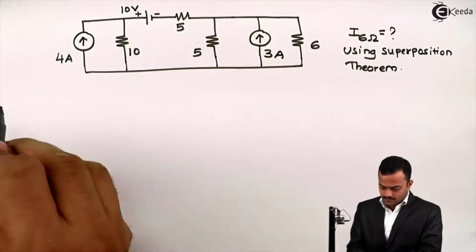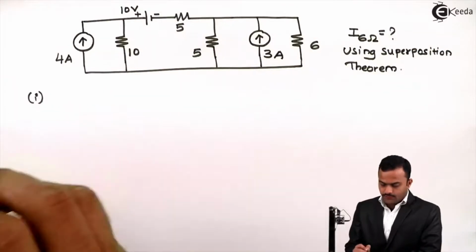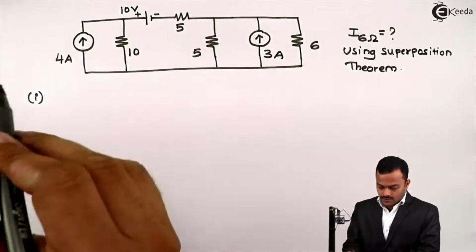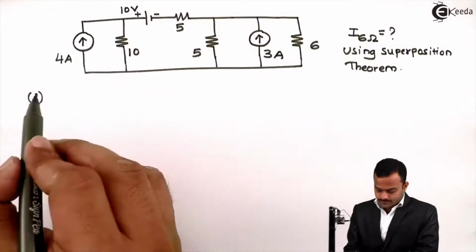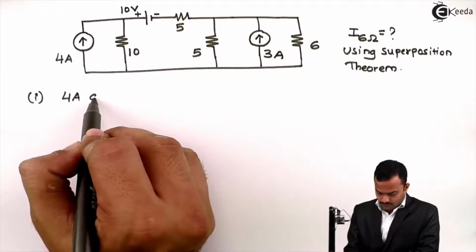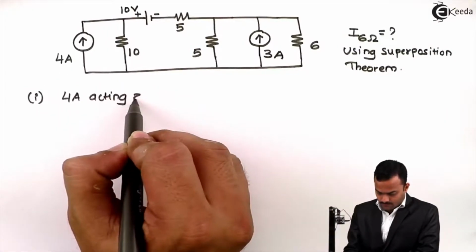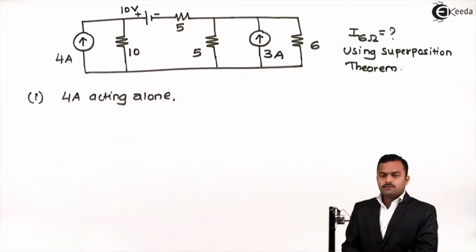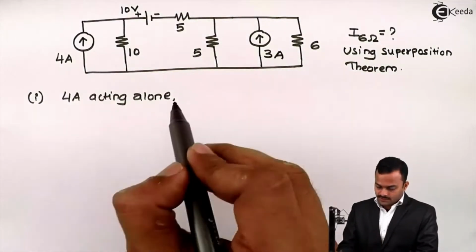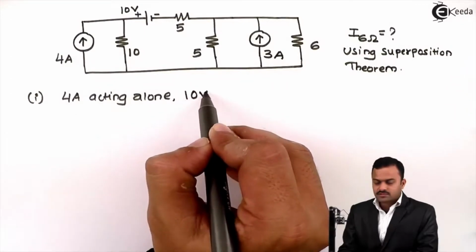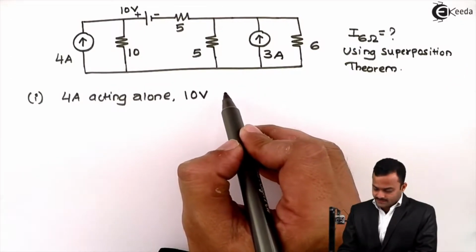Let's solve. In the first step, I will consider 4 ampere acting alone. At that time, 10 volt is a voltage source, hence it is short circuited.